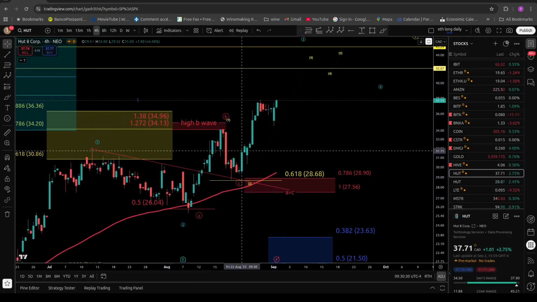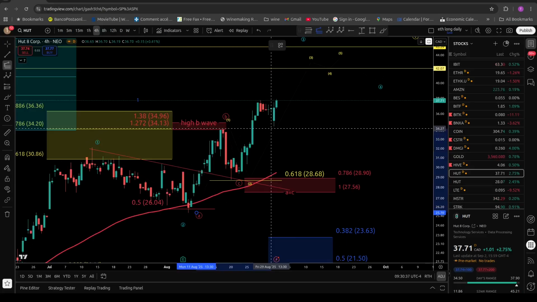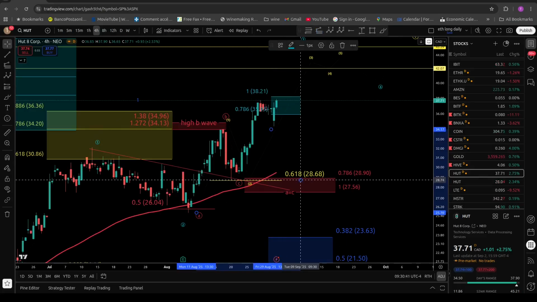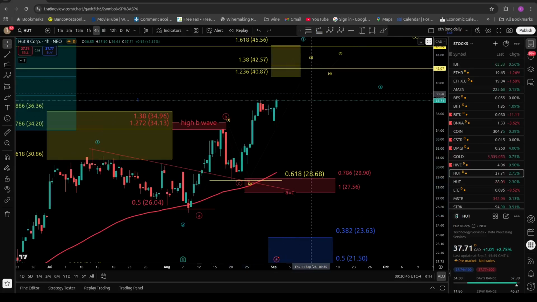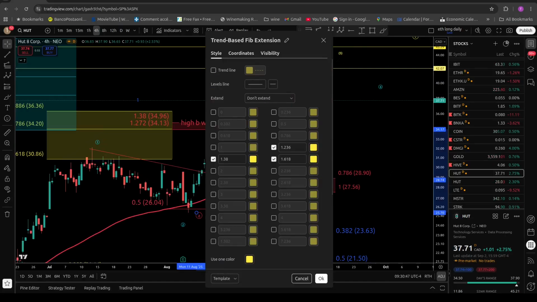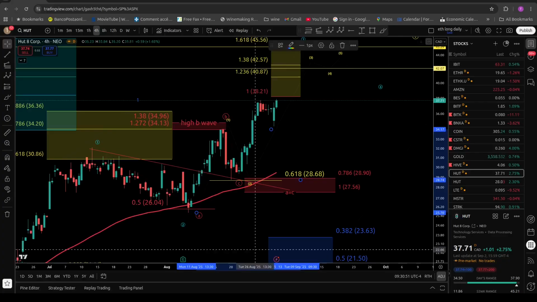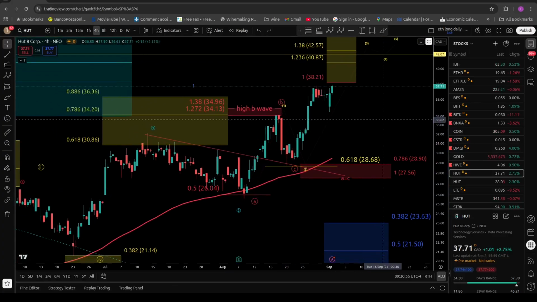Now let's see what would be the target for this third wave in yellow if this is what HOT and money is doing. And I actually want to add the 1-to-1 ratio, and I'm going to put it in red, in case we are doing something else.